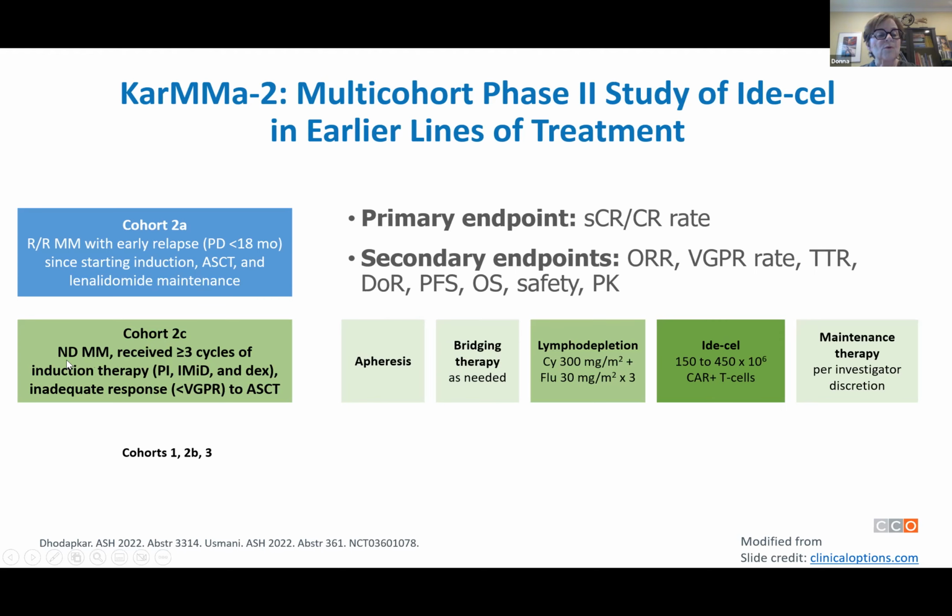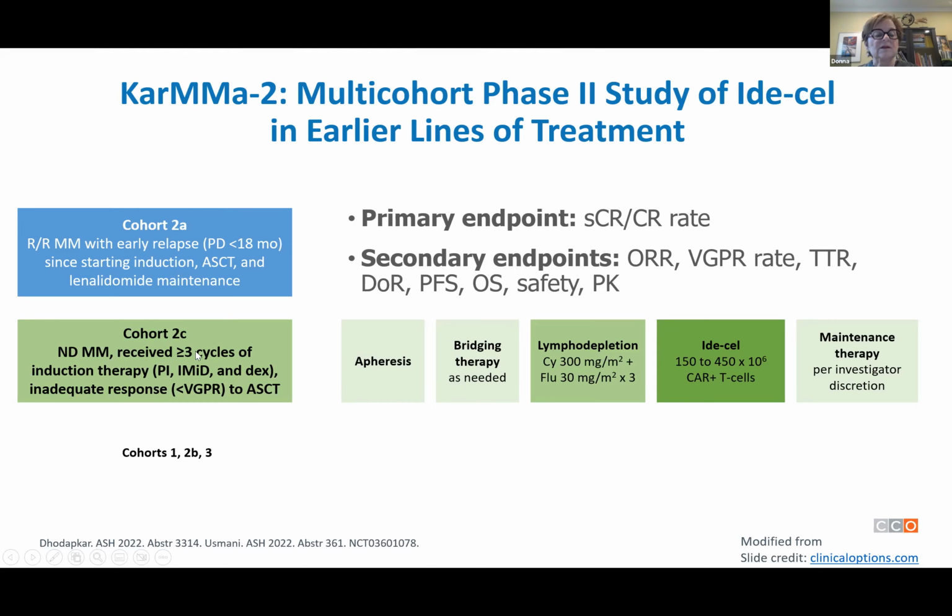The next cohort were newly diagnosed patients who'd received at least 3 cycles of a PI and IMiD, and they had not had a CD38 antibody, but they had less than a VGPR to stem cell transplant.